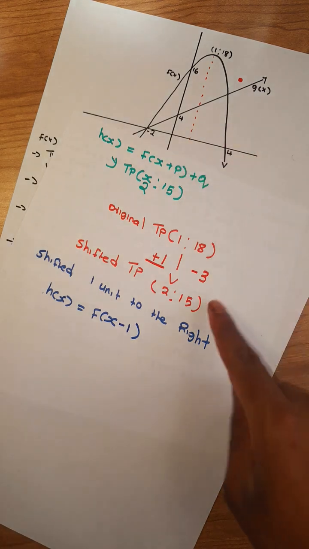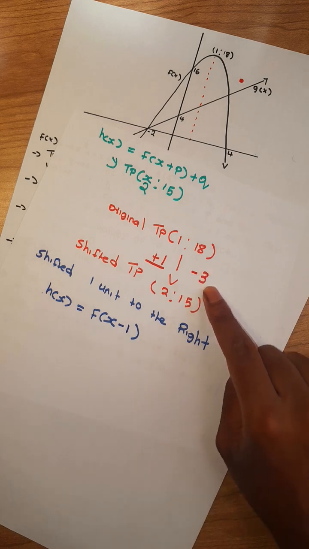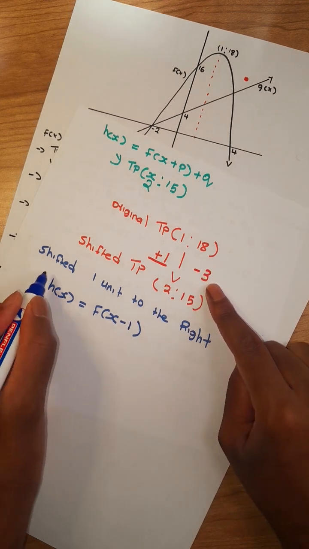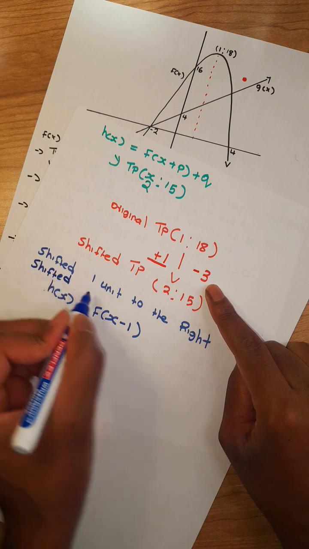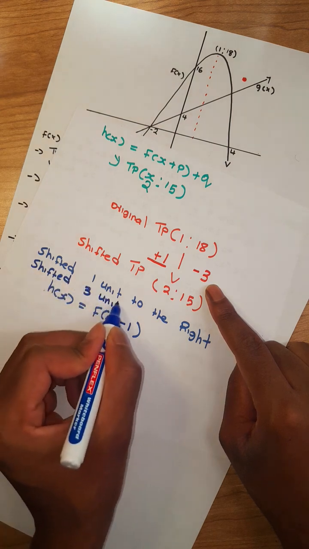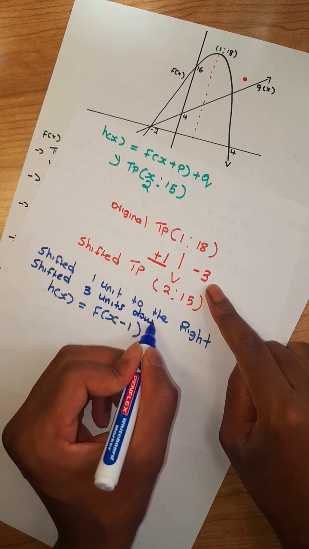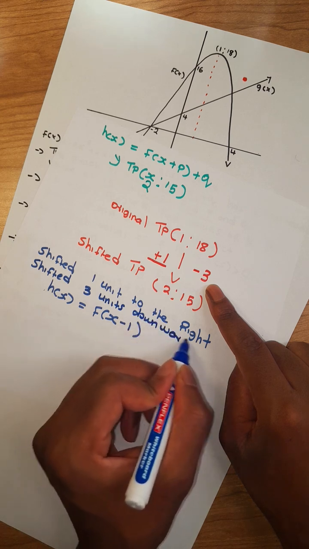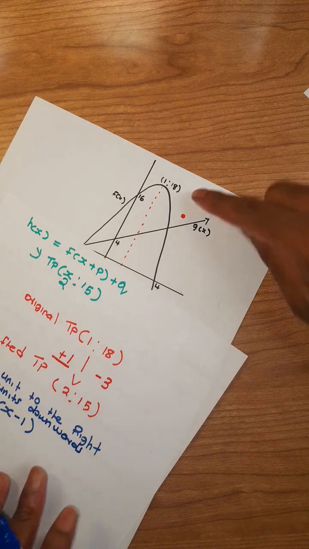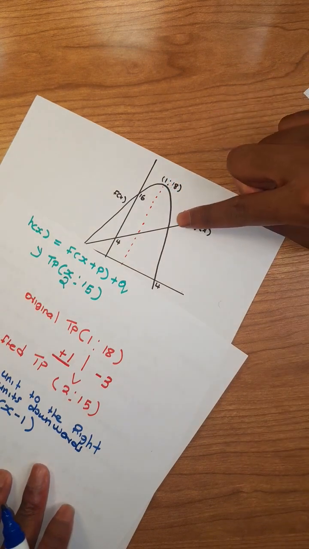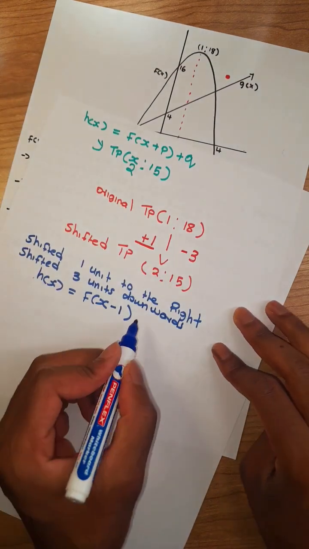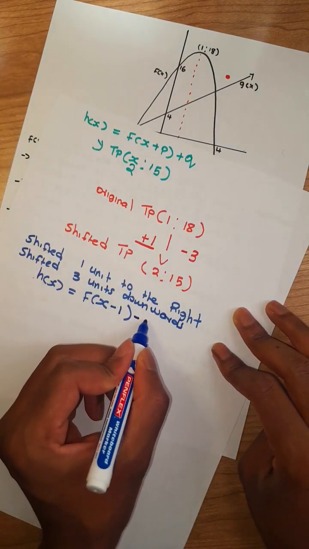But what have we done again? We subtracted 3. So it means that we have also shifted 3 units downwards. And it does make sense if you look at it. Even this turning point in here, you can see it has shifted a little bit down, right? So when we shift downwards, we're going to say it's minus 3.